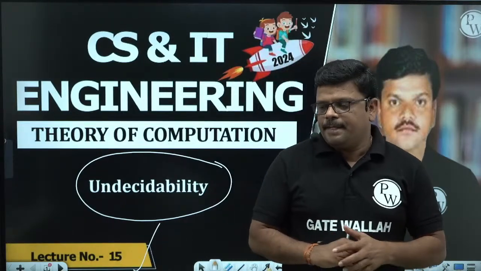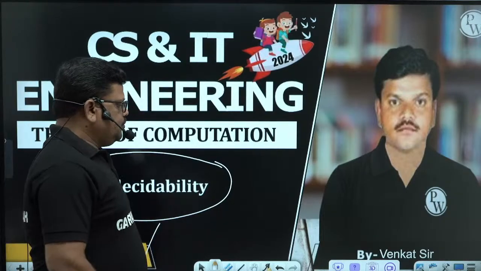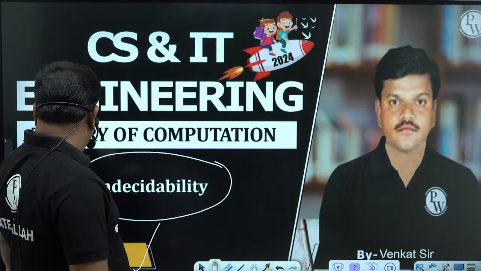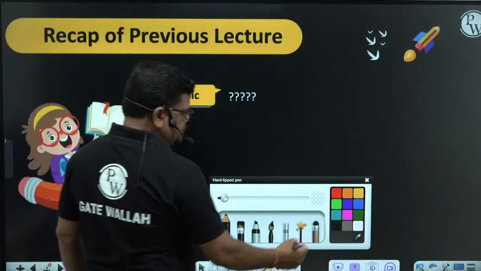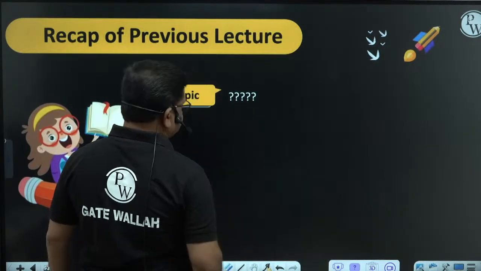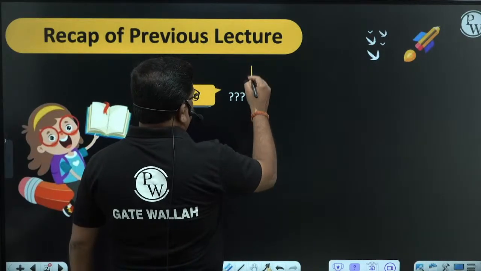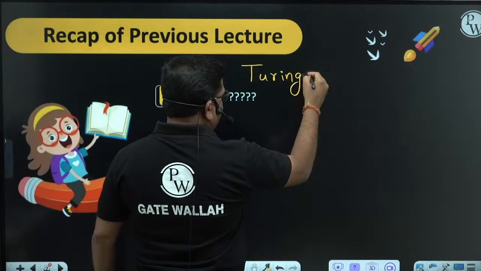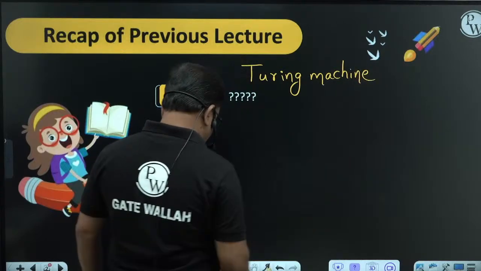I'm continuing. Before going to start this session, undecidability, let me give some recap of what we studied in the previous class. In our last class, we studied about Turing machine.